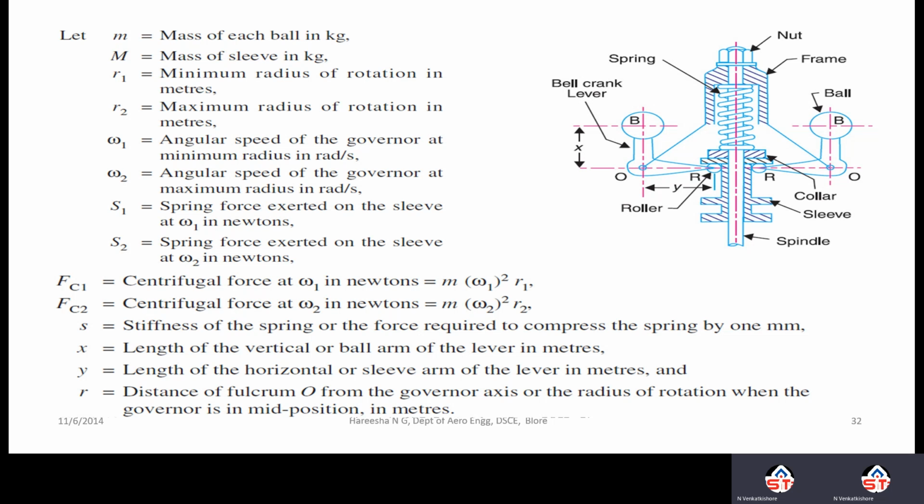Let s be the stiffness of the spring, or the force required to compress the spring by 1 meter, x be the length of the vertical or ball arm of the lever in meters, and y be the length of the horizontal or sleeve arm of the lever. R is the radius of the fulcrum O from the governor axis, or the radius of rotation when the governor is in the mid position.